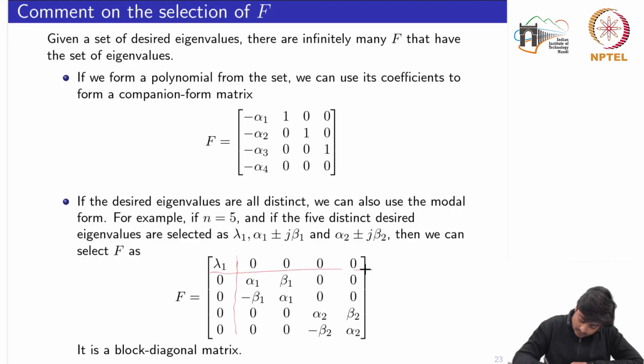So one block is this one, and then another block is this one, and another block is this one. So 2 eigenvalues are here, 2 are here, and one is here. So there are different F matrices which you can form so that they could contain the required set of eigenvalues.